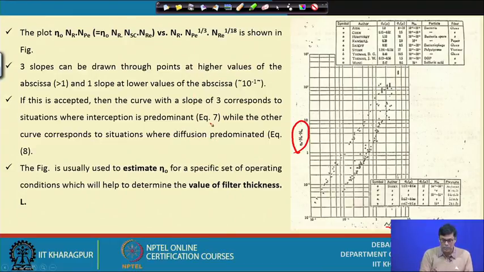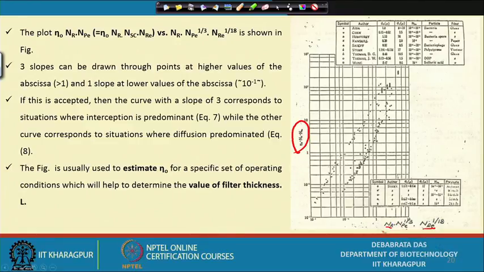Here you see that if we plot that, from the flow characteristics of the fluid, we can find out the N_R value, the N_Pe value, the Peclet number, and the eta 0 value.